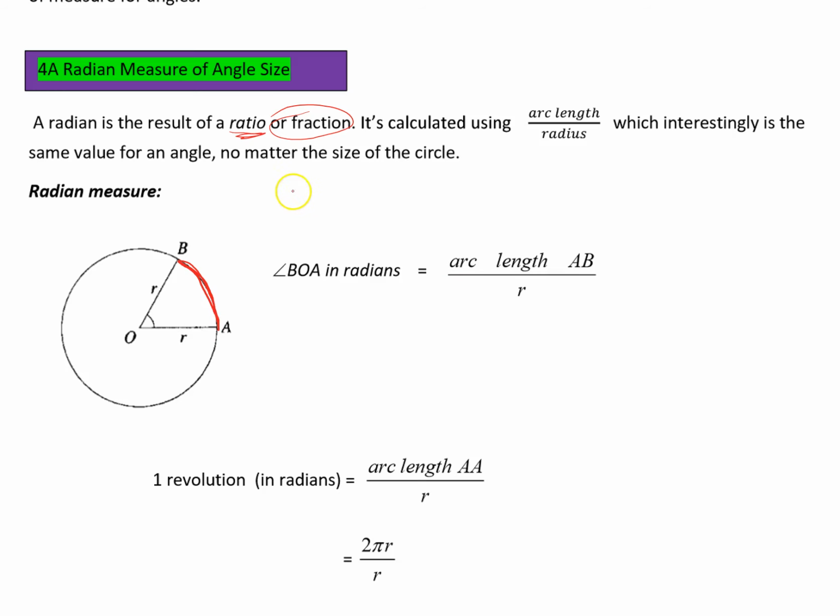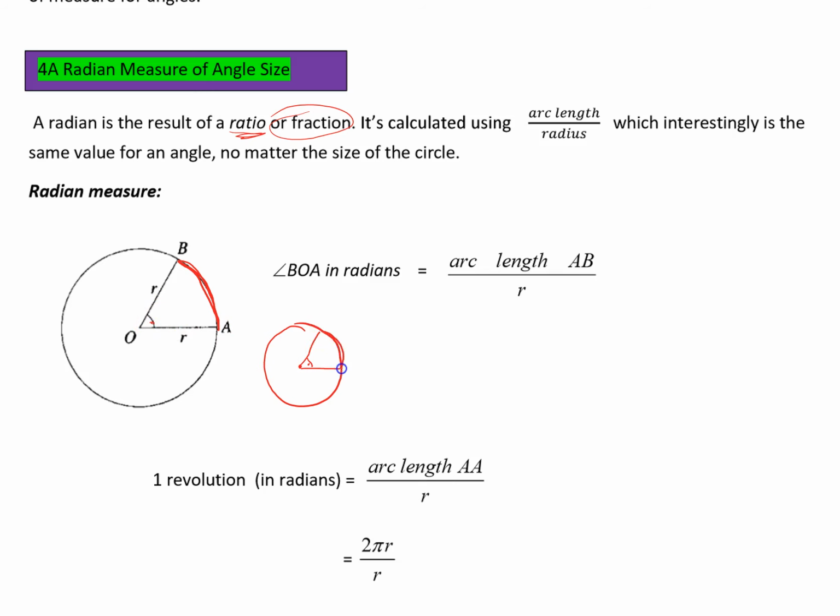The interesting thing is, it doesn't matter how small we actually make the circle. So I change the size of the radius. If I still keep the same sized angle here as here, these two are the same.